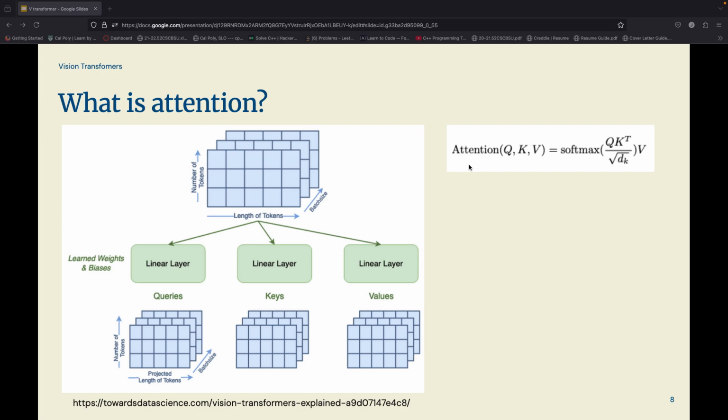Each of these has its own layer, and as you can see, it doesn't really change the size and shape of our original data input. And after that, we can now perform the attention function on these to get our attention features.